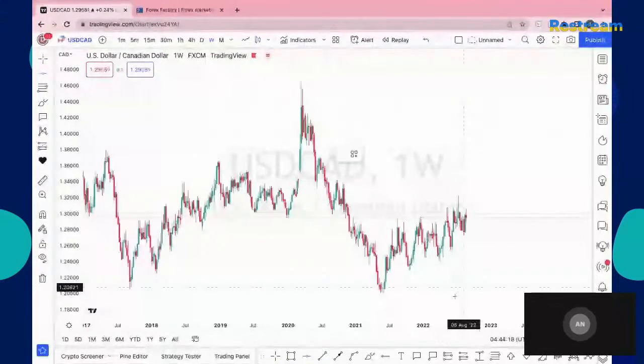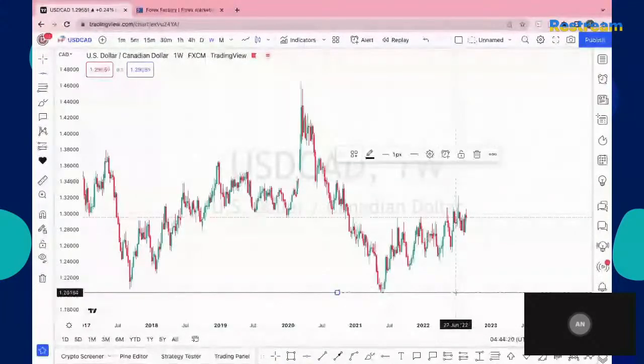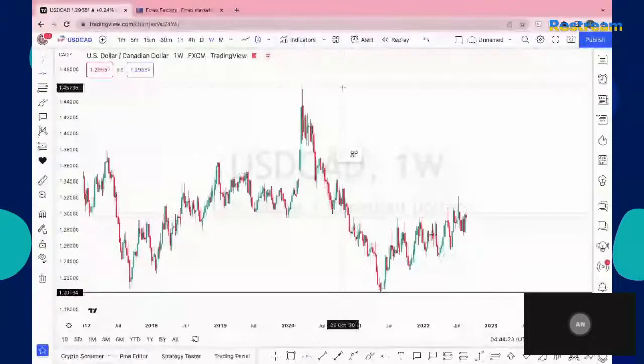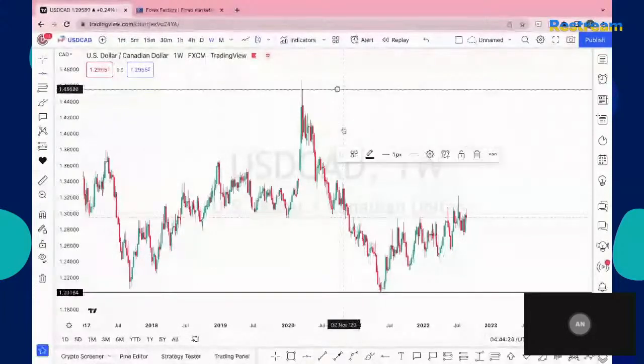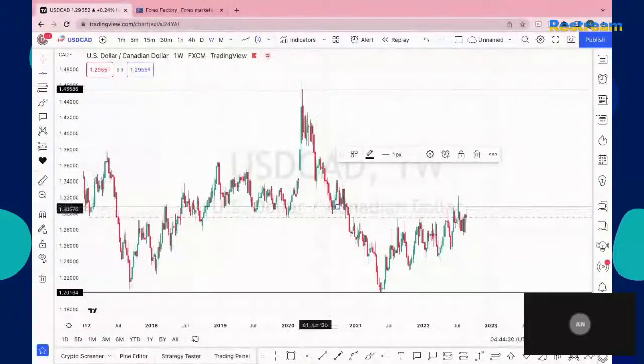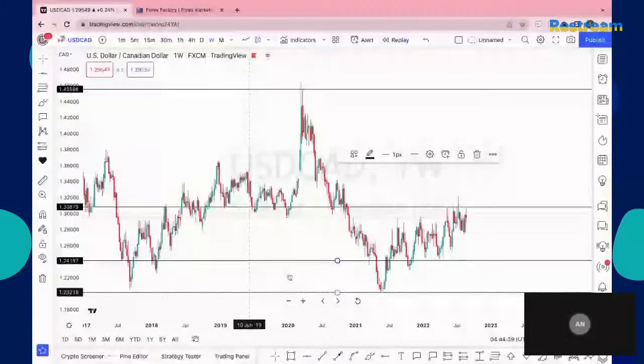Yesterday, USD CAD. I'm gonna mark my zones. Isn't there one more at the top there? I'm just checking.